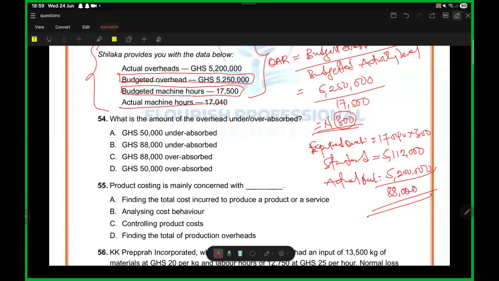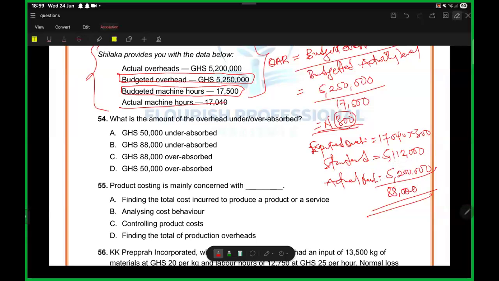Once you are done with the 88,000, you ask yourself, is it over absorbed or under absorbed? We expected that we are going to incur 5,112,000, but we ended up incurring 5,200,000.